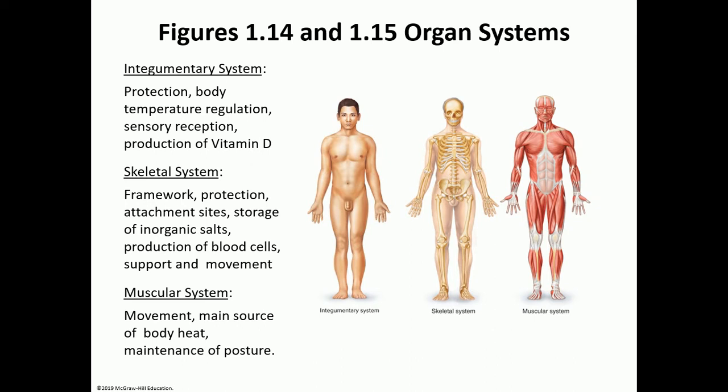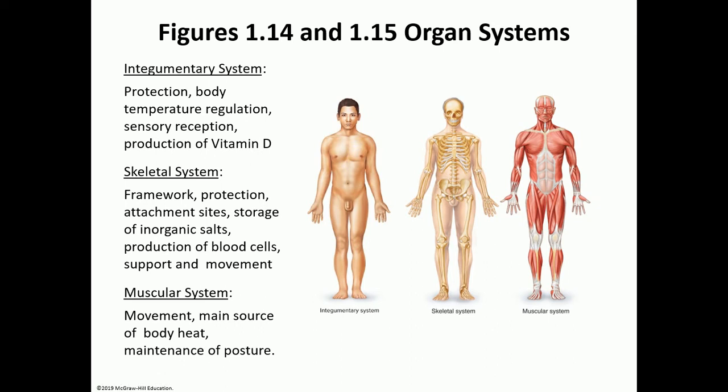Okay, so the integumentary system. Integumentary is just a fancier term for skin and the outer structures. So that includes skin, hair, nails, everything related to the skin. So sweat glands, sebaceous glands, which are your oily glands, and so on. The integumentary system provides protection.